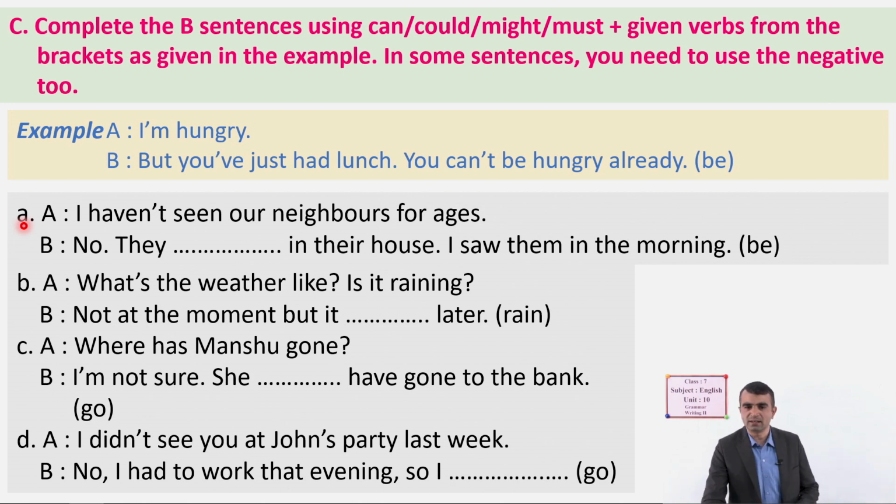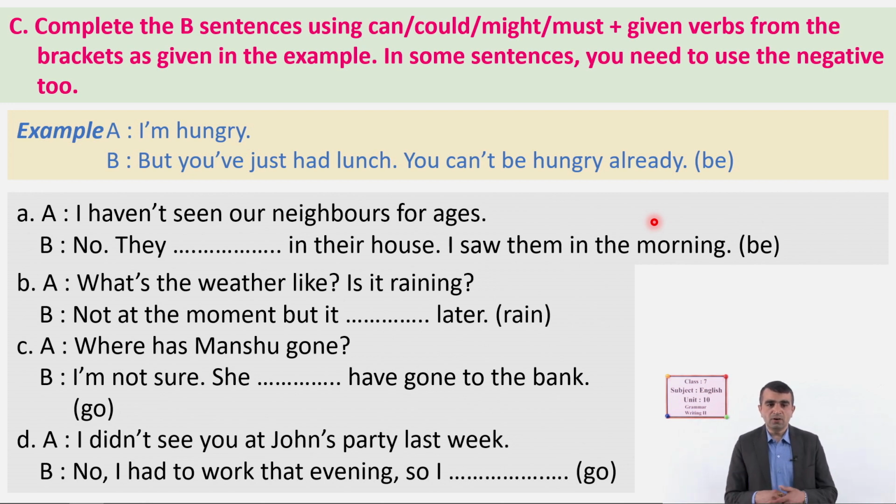At the end, the verb is given in brackets. So, use the given verb form from the brackets as given in the example. In some sentences, you need to use the negative too. Sometimes you need to form its negative form as well. One example is given there.